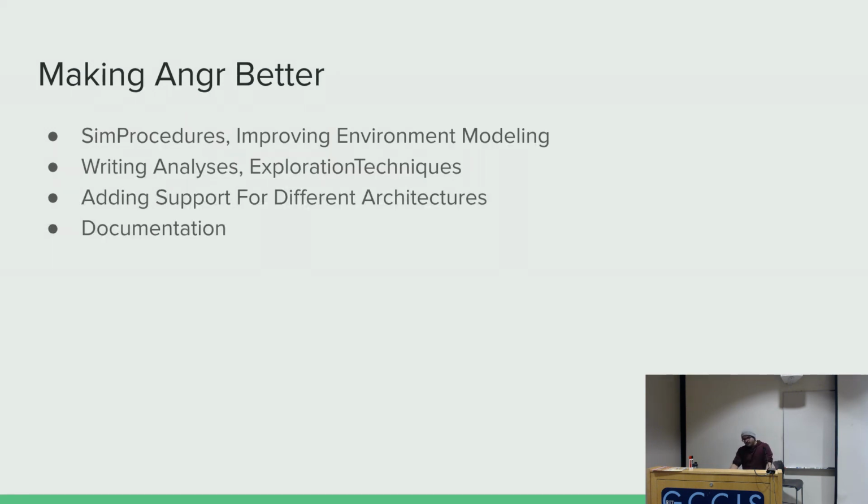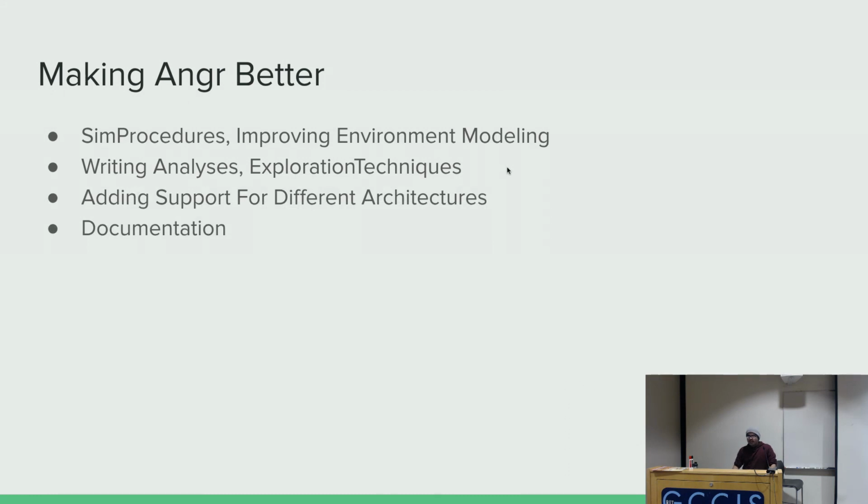Ways to make Angr better: we can make sim procedures. Sim procedures hook library calls like gets and printf, and tell Angr what happens to a state when this library call is made. They're important for emulating those library calls. You can also write your own analysis. There are a bunch of classes in Angr that you can subclass.